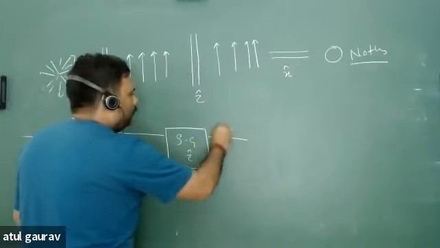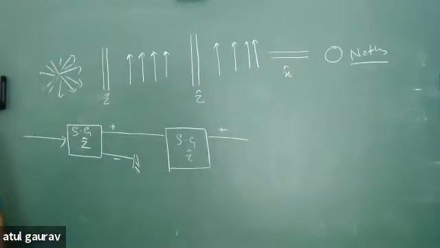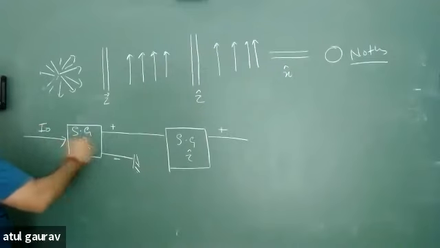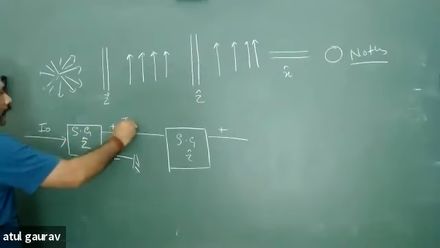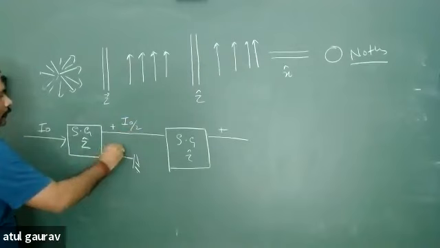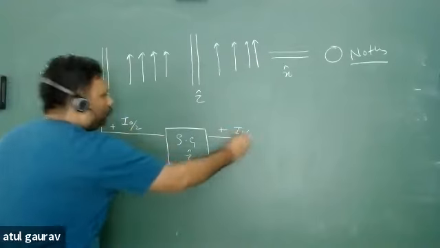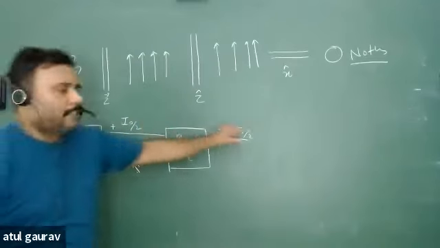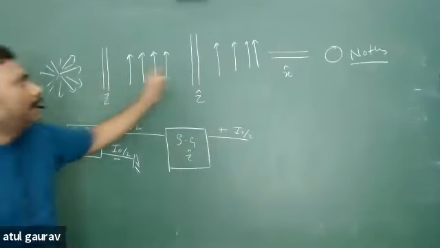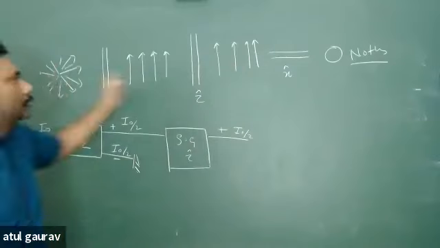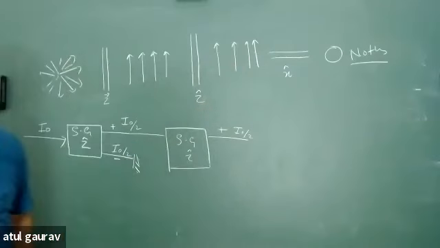I will get exactly the plus beam. If this is the intensity I naught by 2, then this will be I naught by 2 also. Whatever the intensity, it will just go through. So that is exactly the same as the parallel polarizer case.